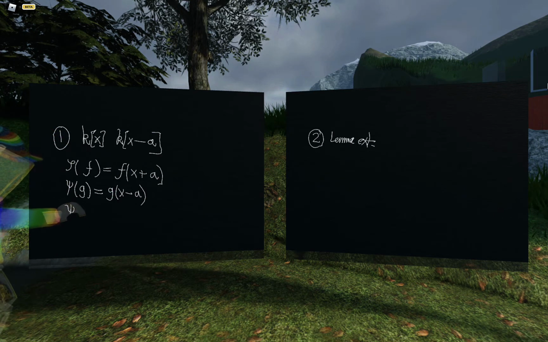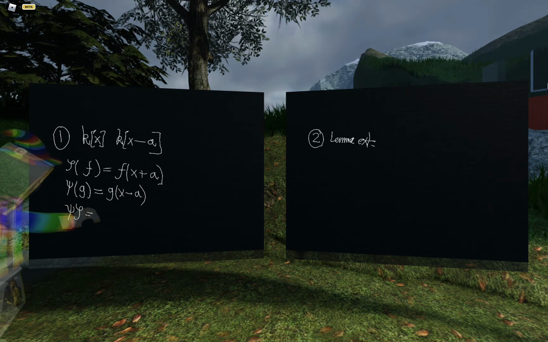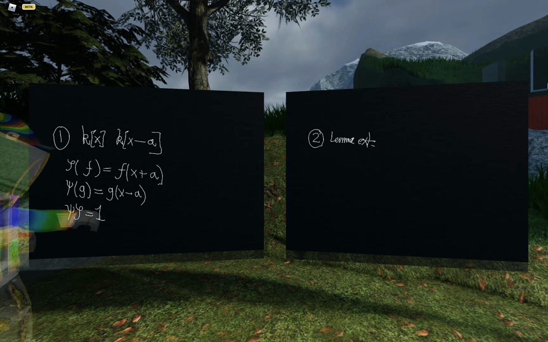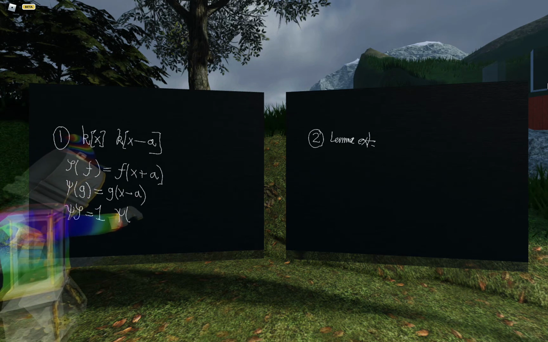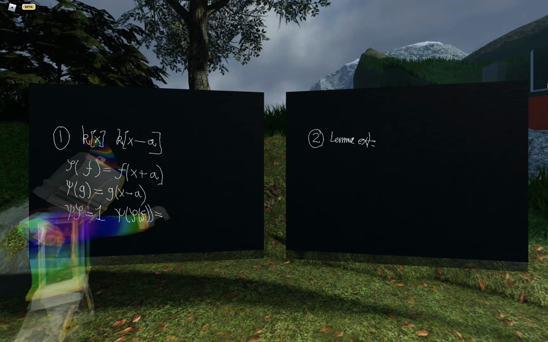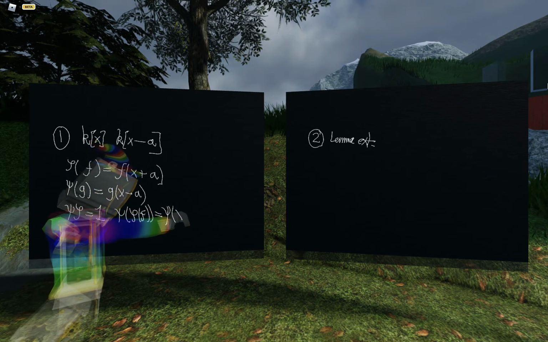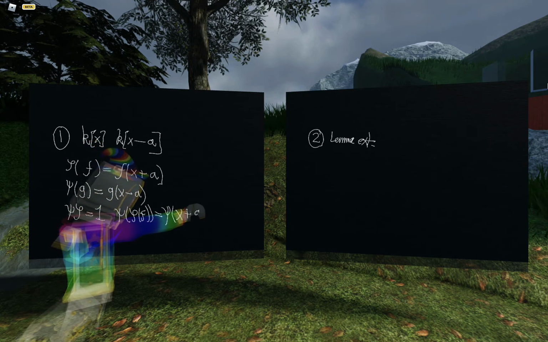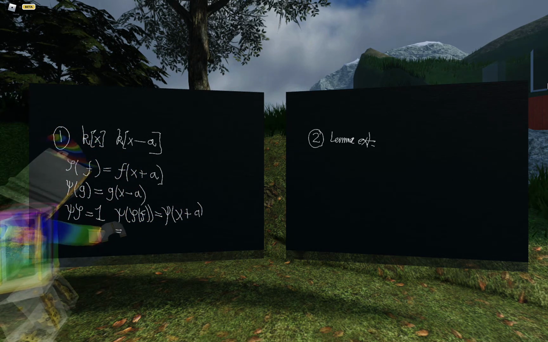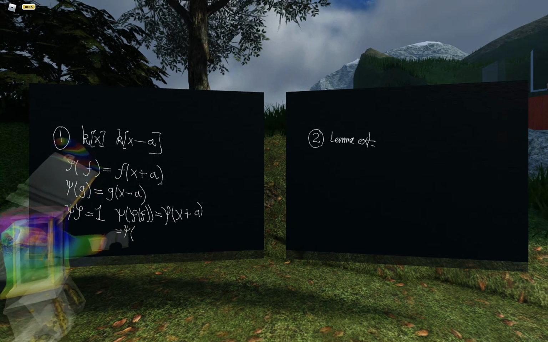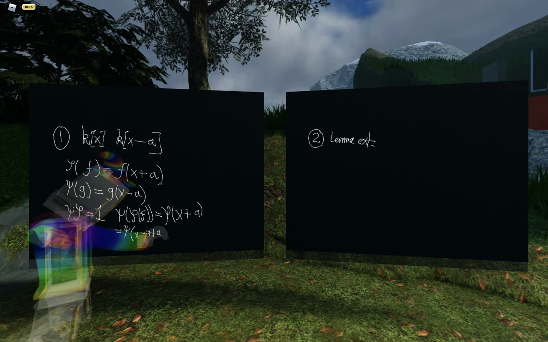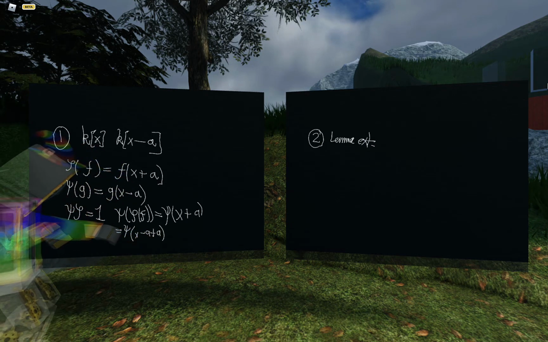Well, you'll agree that psi after phi is the identity map on polynomials, right? Because psi of phi of f looks inside f everywhere it sees an x. First, it substitutes an x plus a, and then it looks inside that thing, and everywhere it sees an x, it substitutes x minus a. But I happen to know that that's the same as substituting just x.